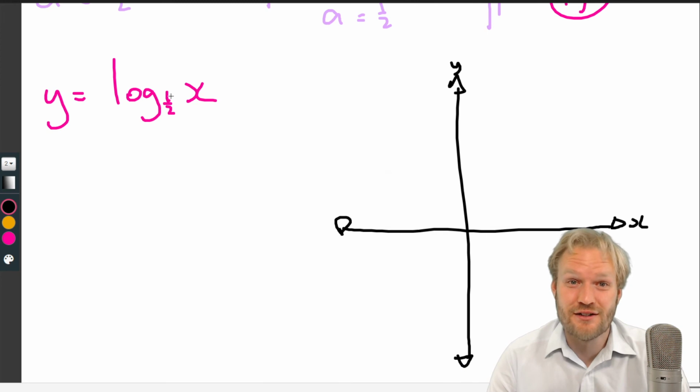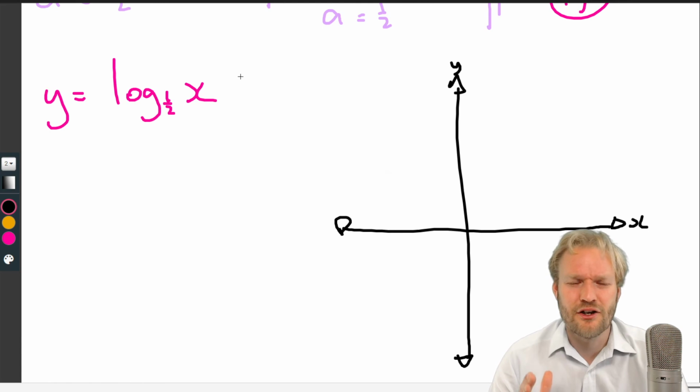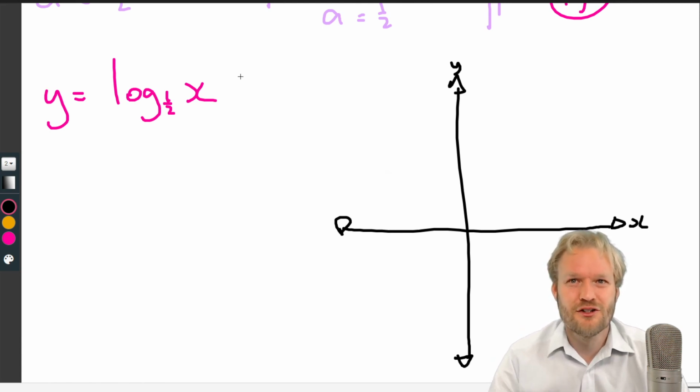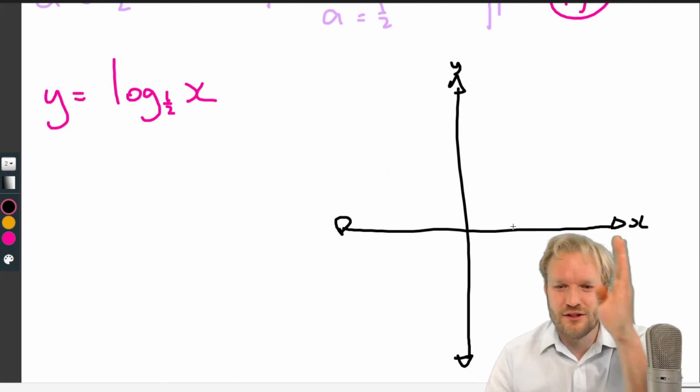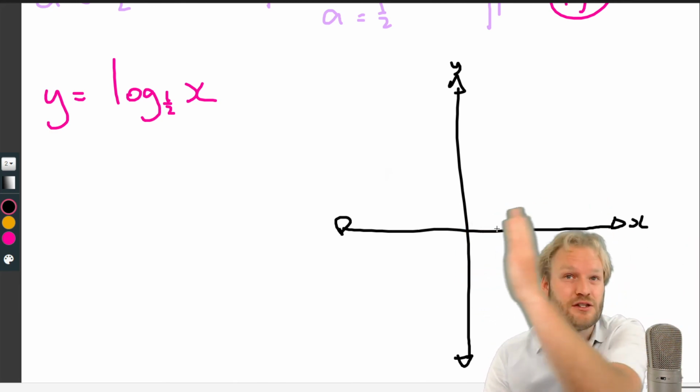Increasing or decreasing? Decreasing. X values, our inputs here. What can those x values only be? They can only be positive because we're only taking the log of positive values. So we know we must be on this side of the world here. So we're only in the positive x values.